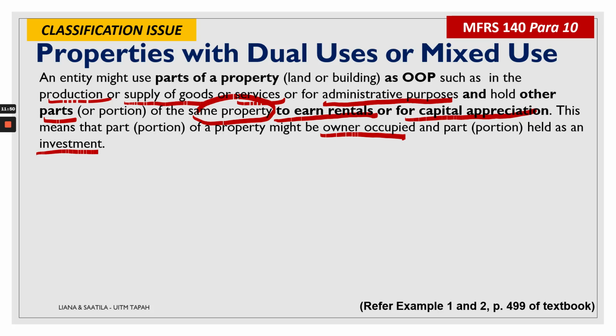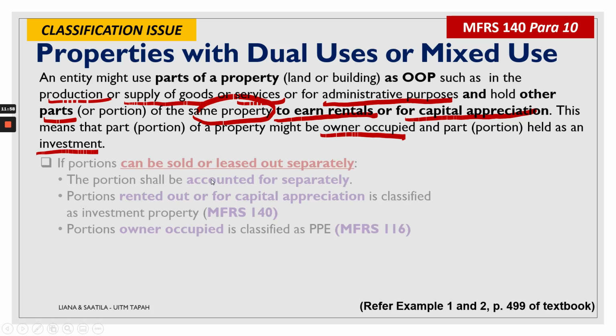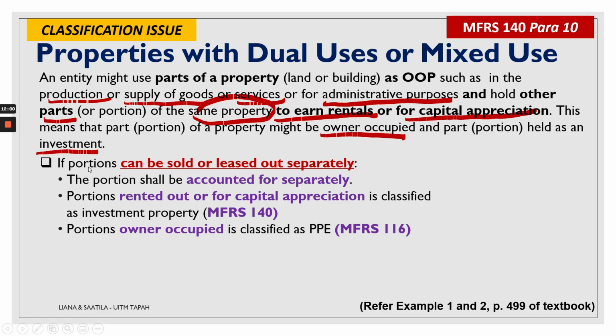So let us look at the guideline, or the rules, given by MFRS 140 on this. According to MFRS 140, if the portions can be sold or leased out separately, the portions shall be accounted for separately in accordance with the relevant MFRS.